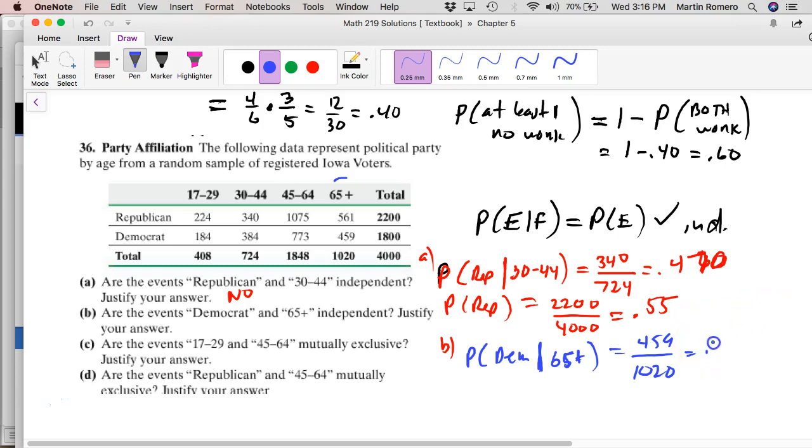I get 0.45. And then we want to check, what's the probability of being a Democrat? And so I have 1,800 over 4,000. And you get 0.45. So therefore, since they're equal, we say these events are independent.